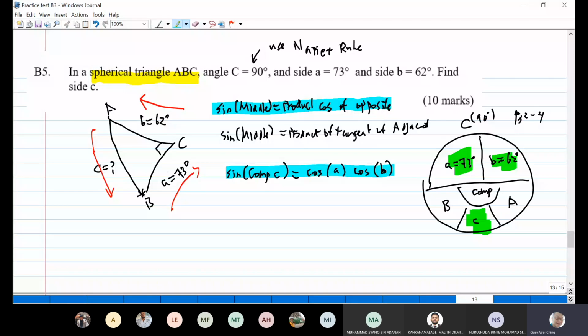But sine of co-C is the same as cosine of C.